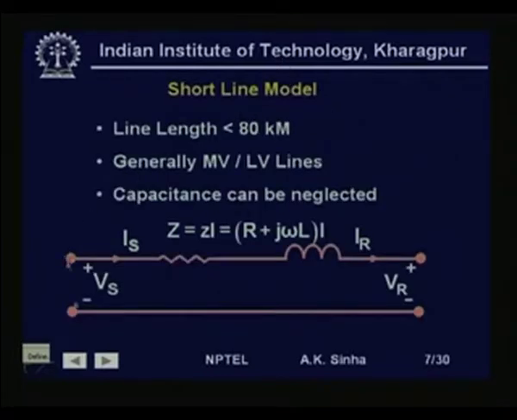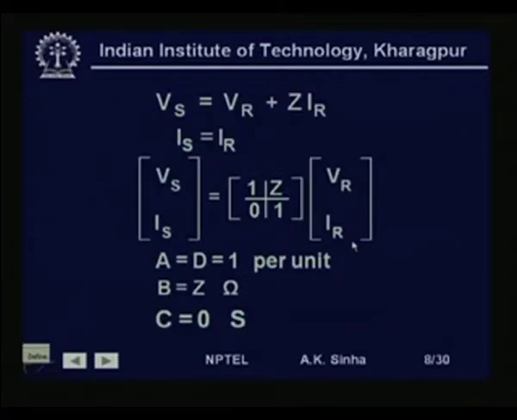V s is going to be equal to this voltage plus the drop in the series impedance of the transmission line, which will be equal to Z into I r. So, we have V s is equal to V r plus Z into I r, and as we have already seen, I s will be equal to I r.